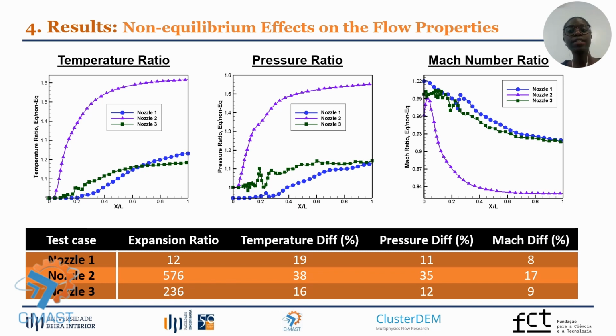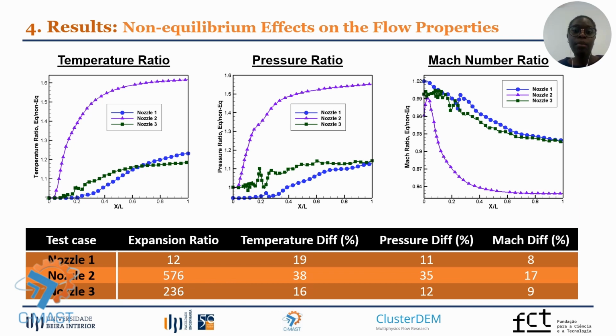The temperature is higher in the equilibrium condition because all the enthalpy is converted into kinetic energy, while in non-equilibrium condition, some energy is also converted into vibroelectronic and chemical energy.